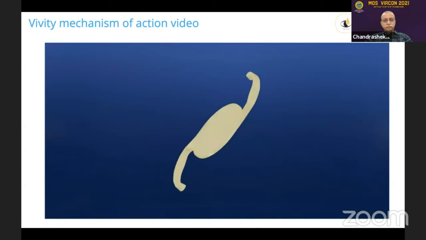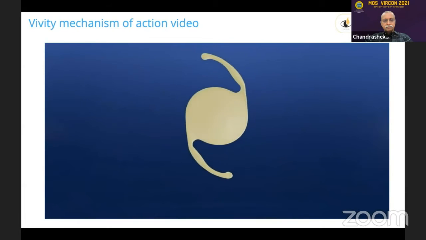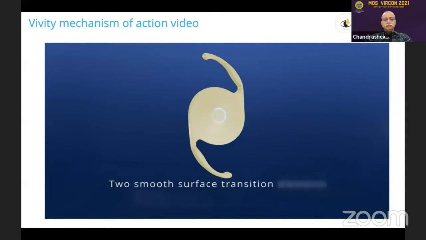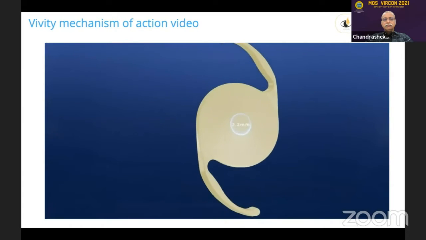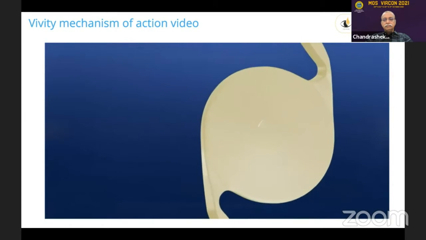The X-wave technology consists of two smooth surface transition elements in the central 2.2 millimeters of the IOL. The first is a slightly elevated smooth plateau about 1 micron in height, and the second is a slight curvature change.